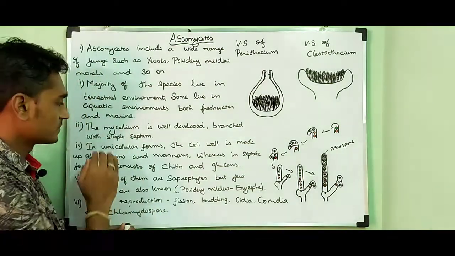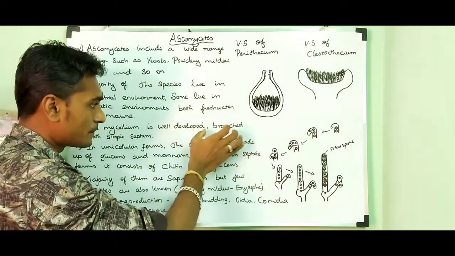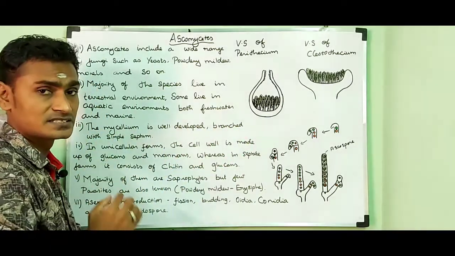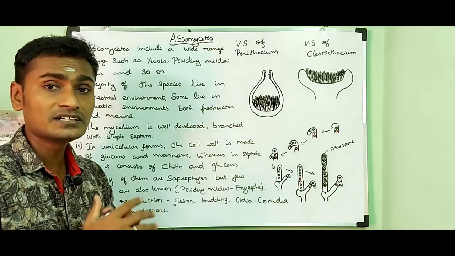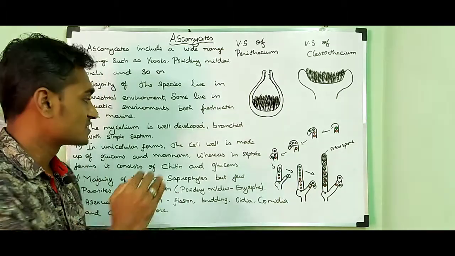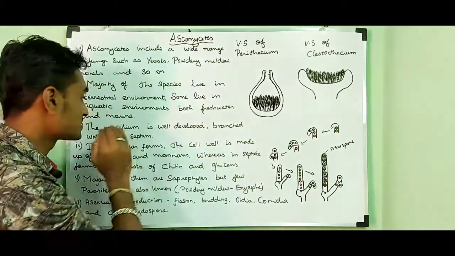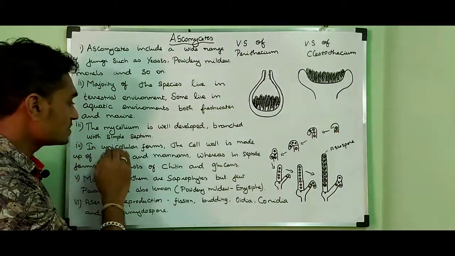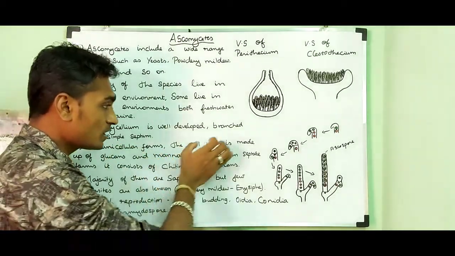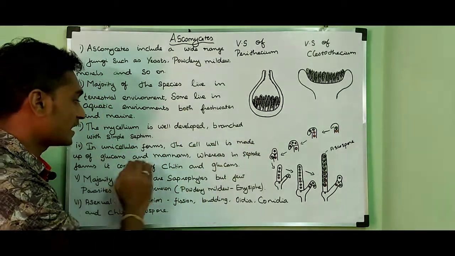The third point, the mycelium is well developed, branched with simple septum. Actually, Ascomycetes come under higher fungi. So the mycelium possesses cross walls. In unicellular forms, the cell wall is made up of glucans and mannans.